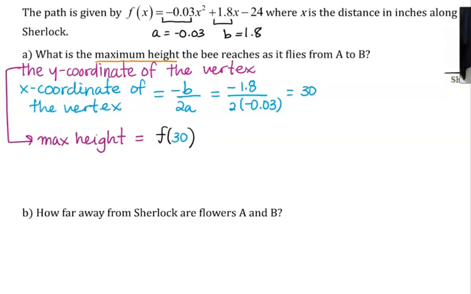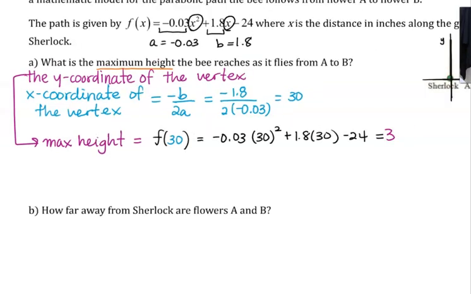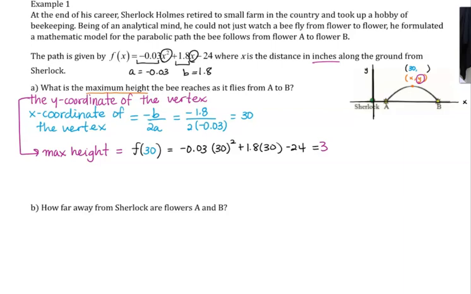That is how we get the y coordinate of the vertex. So I'm going to be plugging in 30 for all of these x's in the original equation to give us a maximum height of 3. And this distance is in inches, so our final answer for the maximum height that the bee reaches between those two flowers is 3 inches.